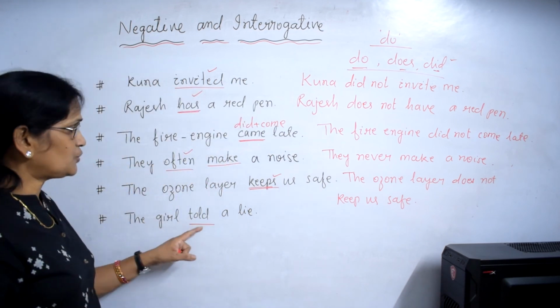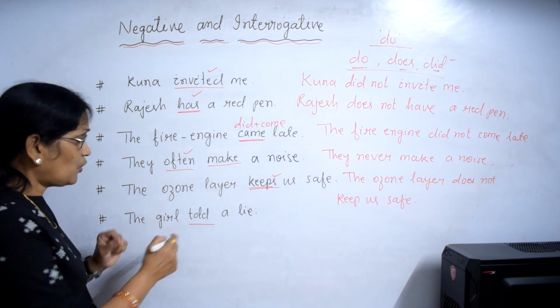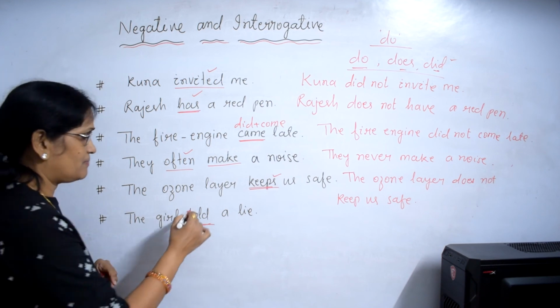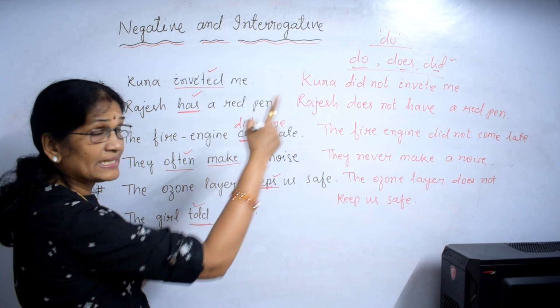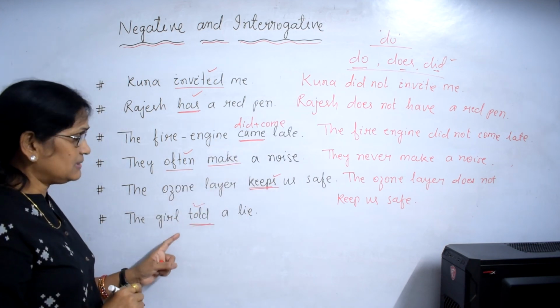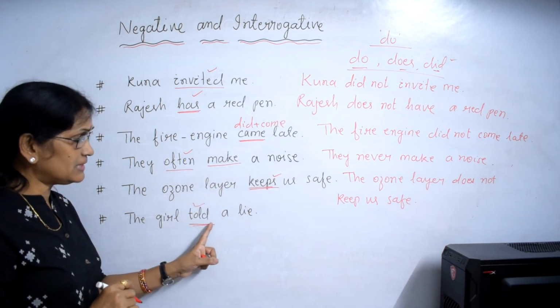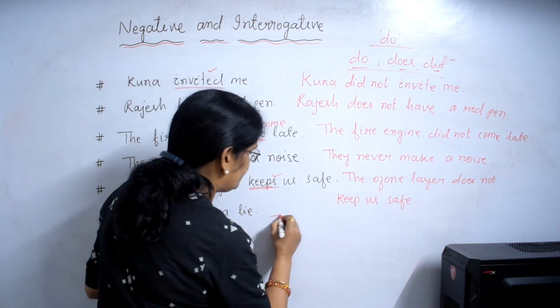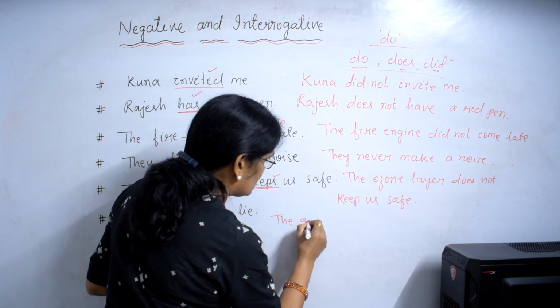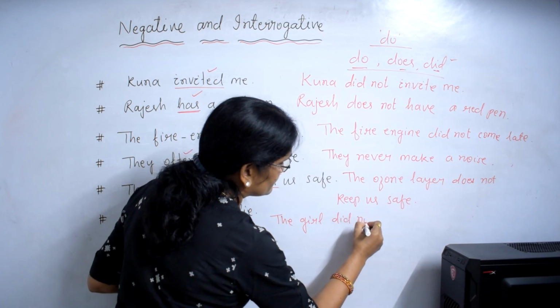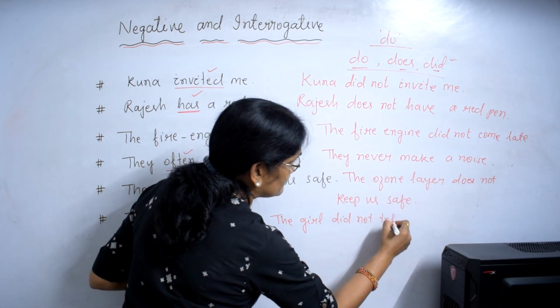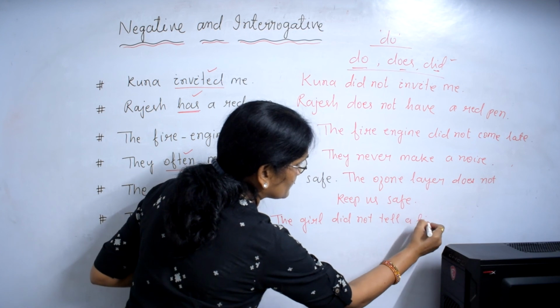The girl told a lie. Told, past form, simple past. So which do verb is hiding? Did. The girl did not tell a lie.